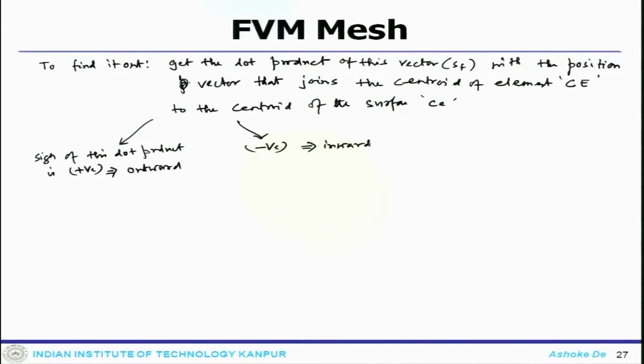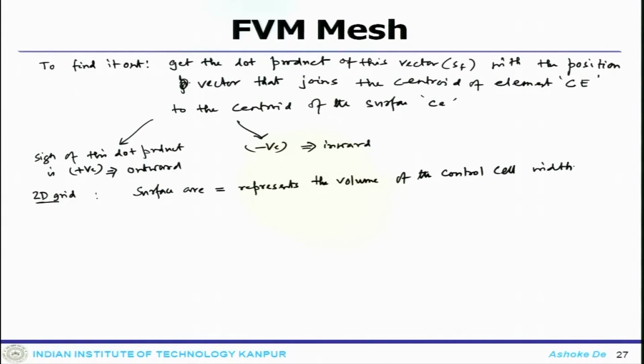Now, for a 2D system, if you consider a 2D grid, okay, the surface area actually represents the volume of the control cell with uniform depth, or unity depth.